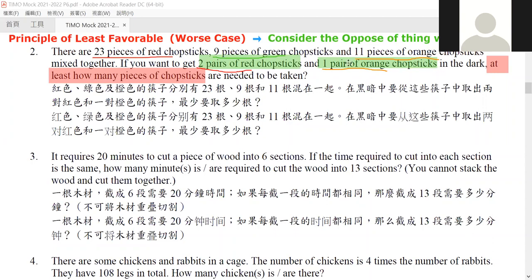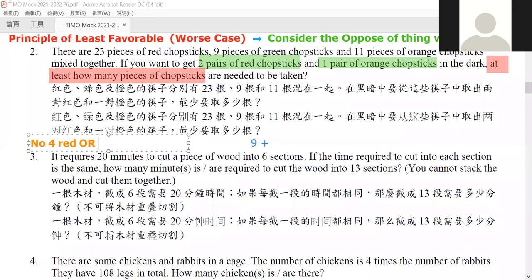Because in here we will have 2 conditions that we would like to talk about. We have 2 pairs of red chopsticks and 1 pair of orange chopsticks. What's the opposite of this? The opposite of this is not 2 pairs of red chopsticks and a pair of orange chopsticks. It is no for red, because 2 pairs of red chopsticks means 4 red chopsticks.